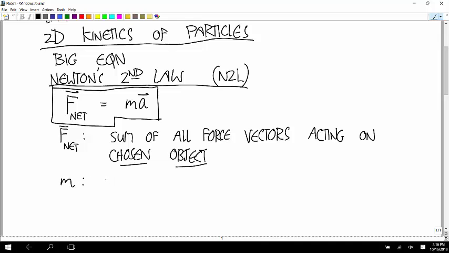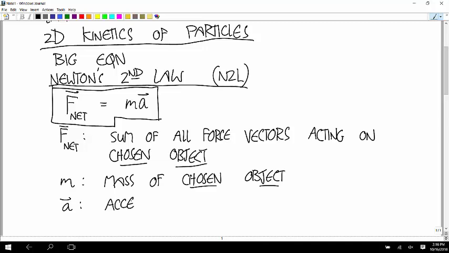M is the mass of the chosen object. And A is the acceleration vector of the chosen object's center of mass.